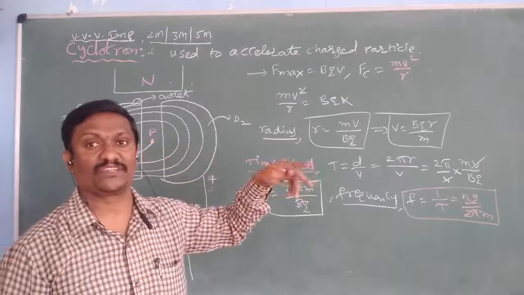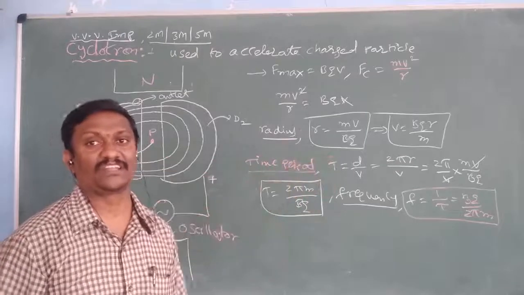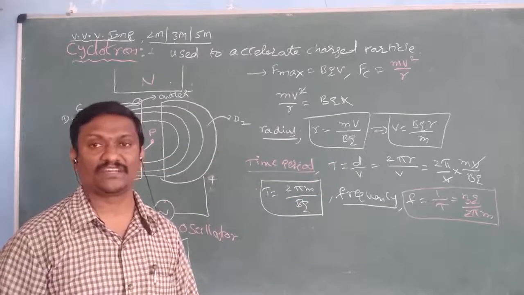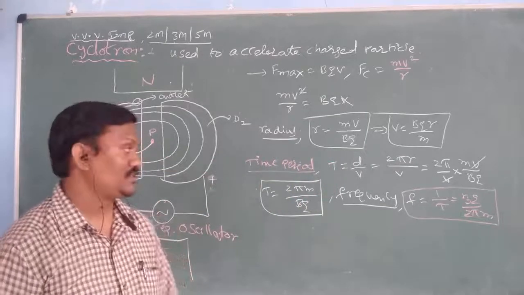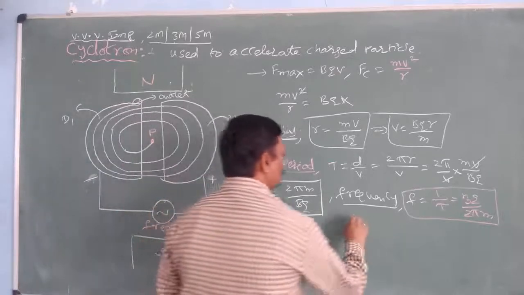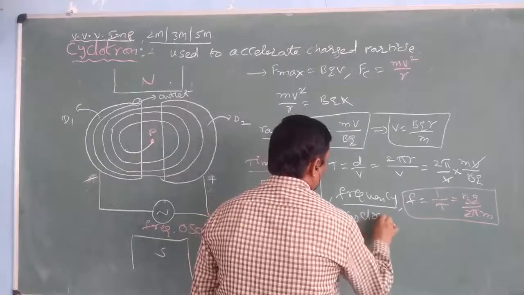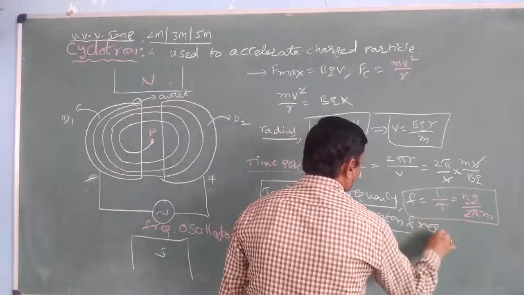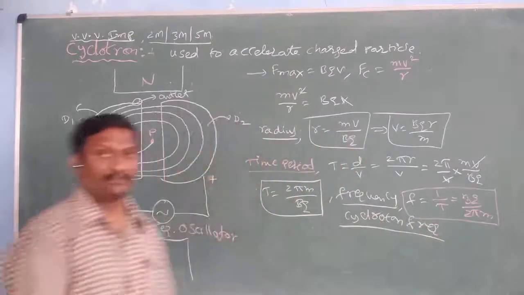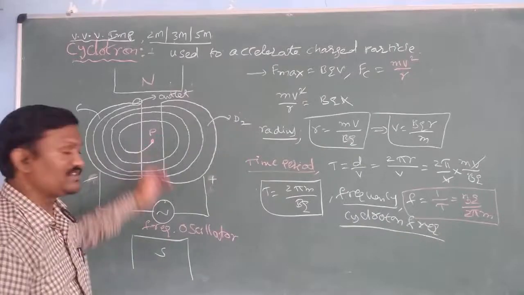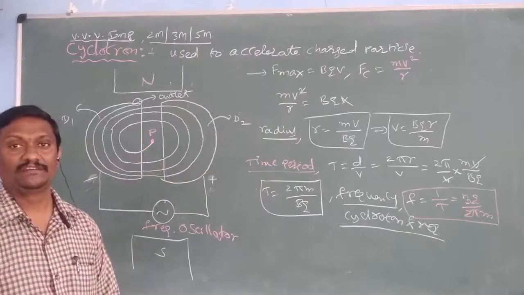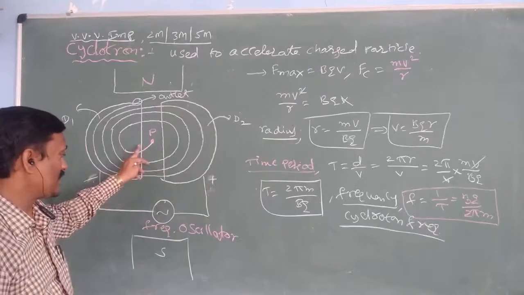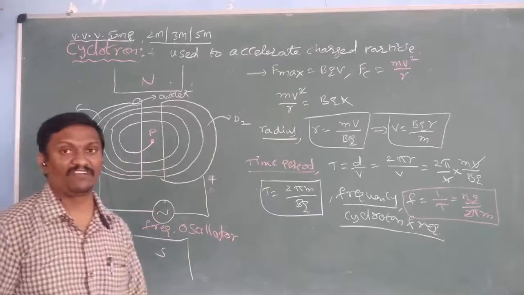Every time the positive charge lies in a positive field, acceleration takes place, and every time the energy of the charged particle increases. So this frequency is also called cyclotron frequency, because applied frequency and frequency of charged particles are both equal.